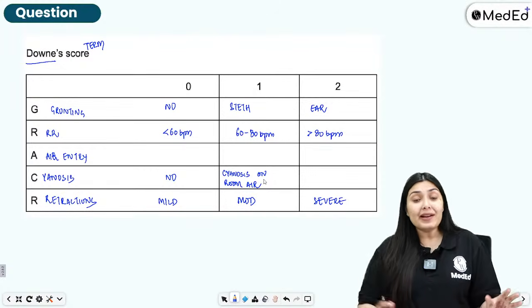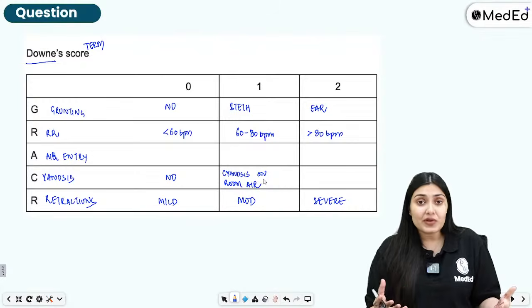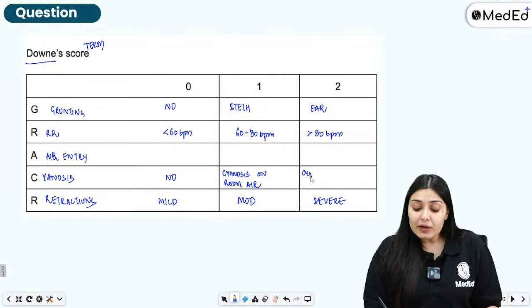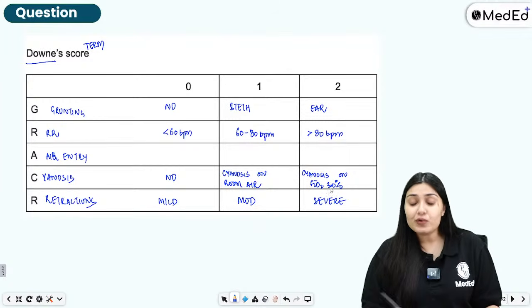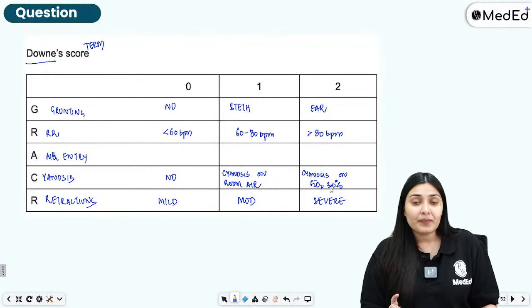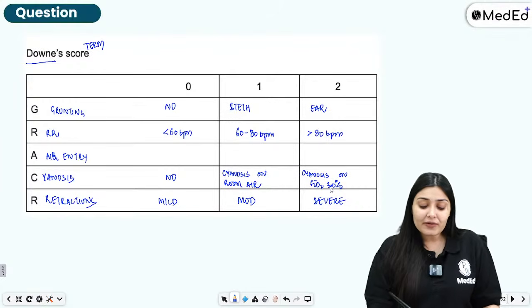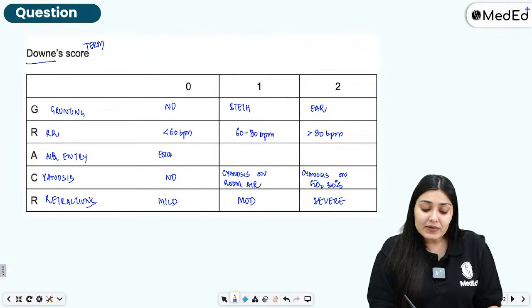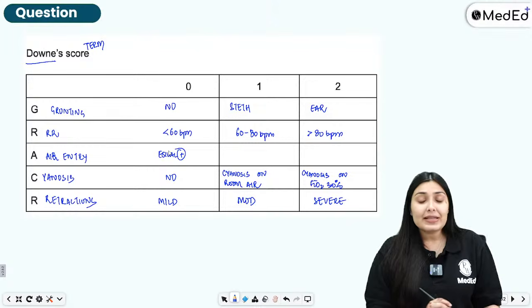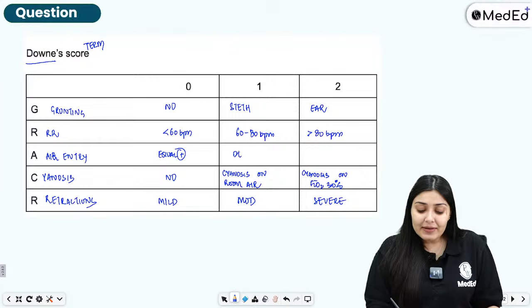But if despite giving oxygen, the cyanosis persists, it's 2. So if I deliver 30% of the oxygen and still cyanosis is there, this is 2. And lastly, air entry. If the air entry is equally present, then 0. If the air entry is decreased, 1. And if the air entry is absent, 2.